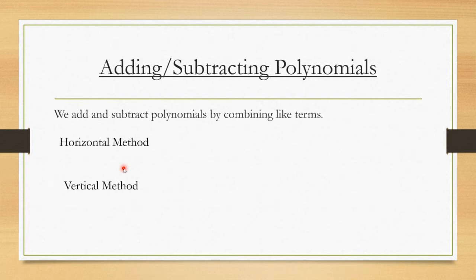The vertical method, at least to me, is more visual. I personally like it better. But if you want to use the horizontal method, that's fine. It's up to you. I just like to present more than one method when I can to address different learning styles, because I know everyone learns differently.